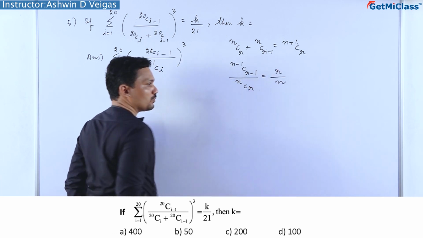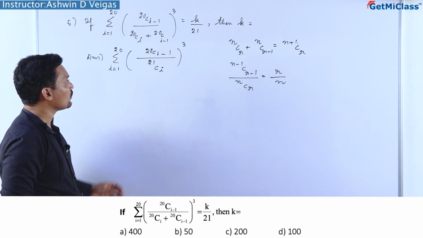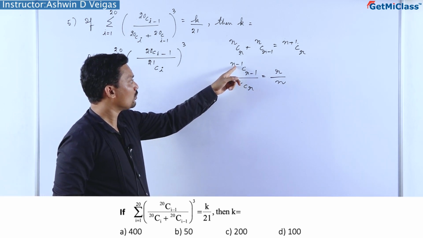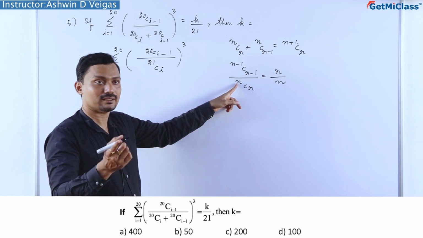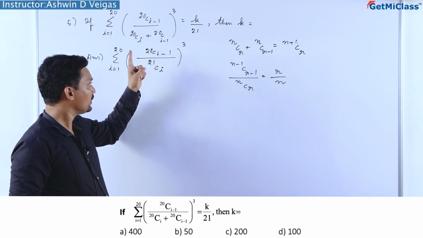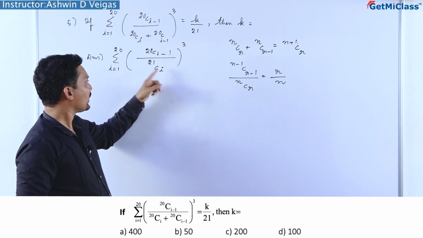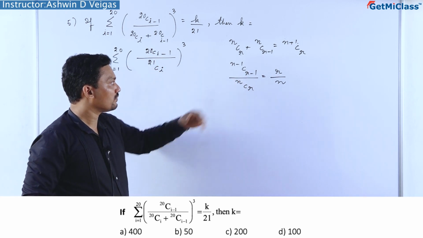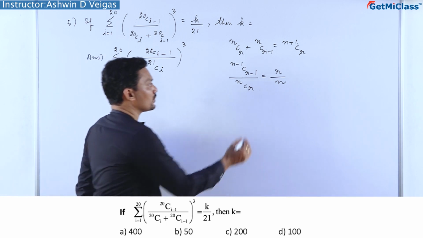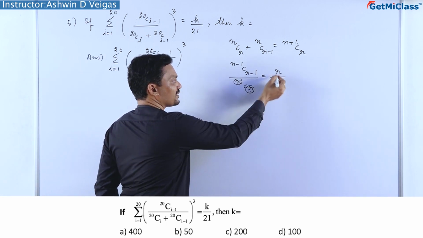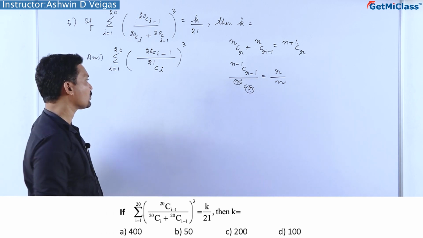Now, this formula can be used when this index is smaller than this index by 1. See, 20 is smaller than 21 by 1 and i minus 1 and i. The answer of this kind of a term is r by n.